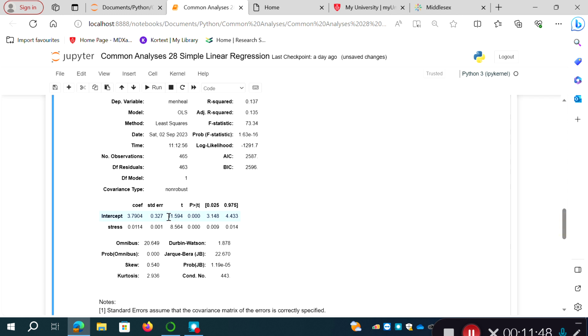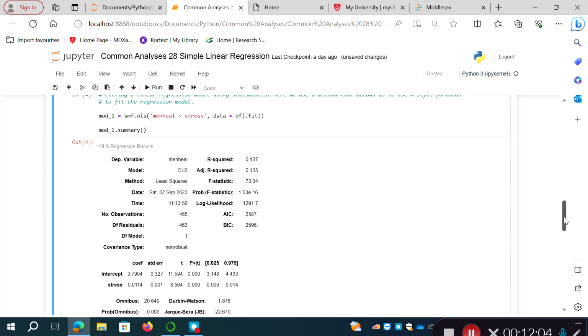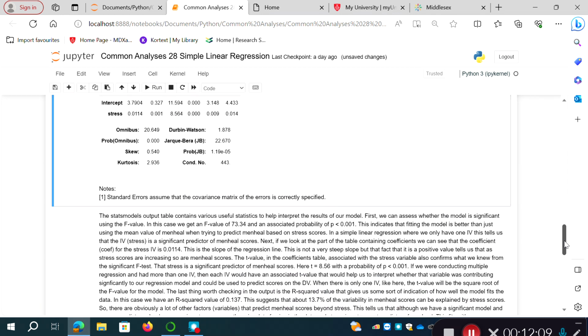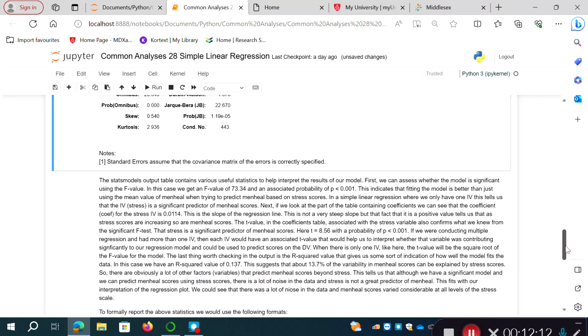And then underneath we've got this coefficients table, where it tells us the coefficients, so the slope of the line for stress, and whether it's a significant predictor in the model. And then we've got some other diagnostic tests and stats down below that are quite useful. We're going to ignore those for now though.